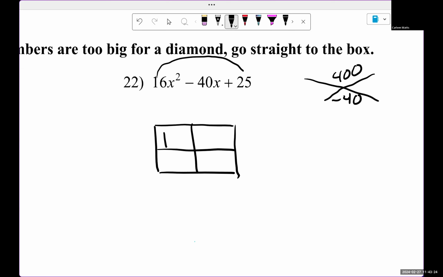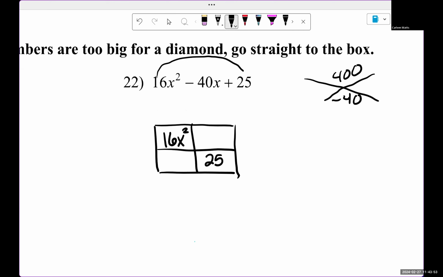Let's just go directly to the box. Now, okay. Can you see that this is either 4x and 4x, or it could be 2x or 8x, and then you may need to switch it? You could use the box to guess and check.